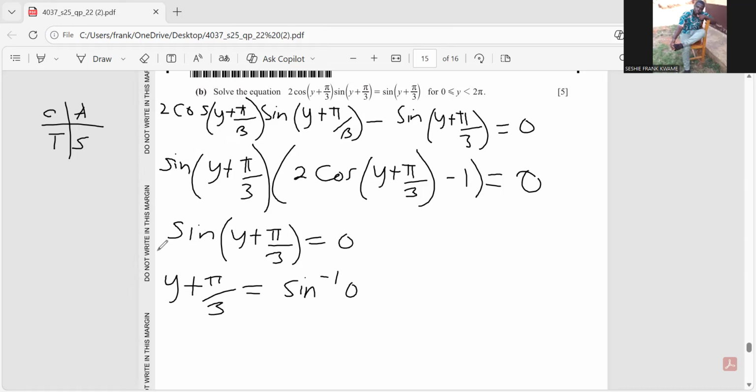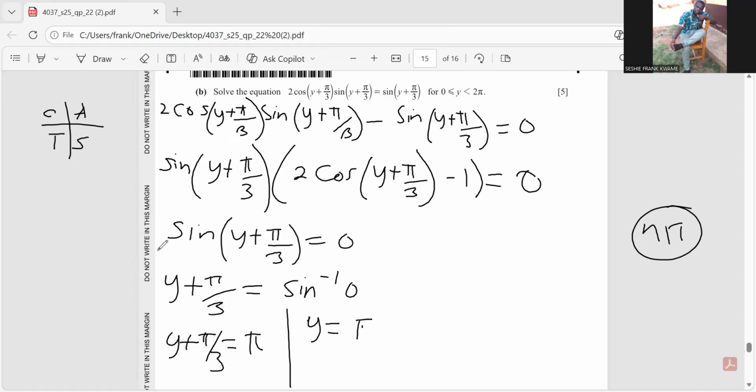So if it is pi, you can say y plus pi/3 is equal to what? Pi. That's 180. Because sine values is n pi, multipliers of pi. So that means I'm going to have y is equal to pi minus pi out of 3. And that's going to be 2/3 pi.